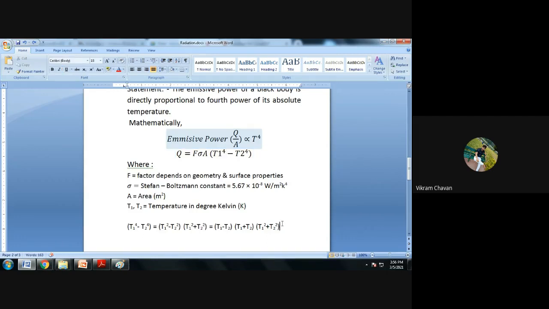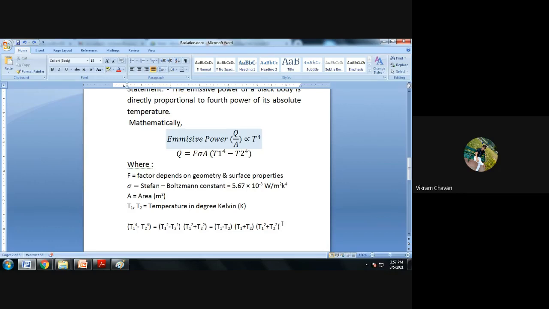Because we know that according to Ohm's law, I is equal to dV divided by R, and I is analogous to Q, and dV is analogous to T1 minus T2, the remaining part we have to transfer to the denominator side.